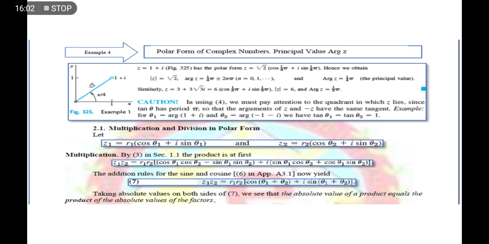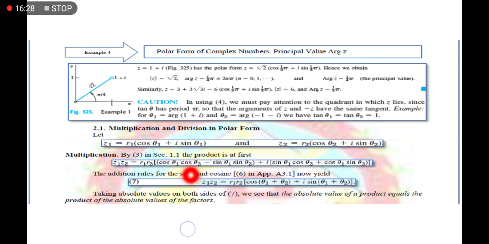We can multiply them using this method. It is the same as the complex calculation, but here we are talking about polar coordinates, no longer in complex form. Here we used an identity.